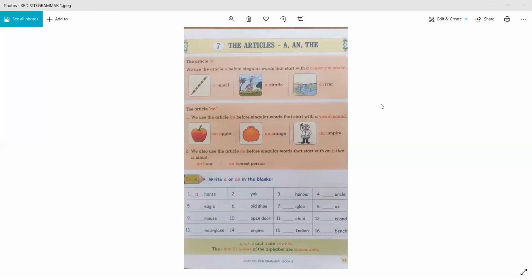Okay, once again I will inform you. Here, as I said, the article a we are using before singular words that start with a consonant sound.